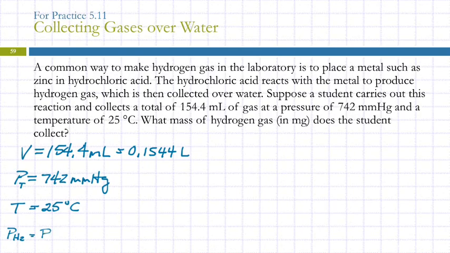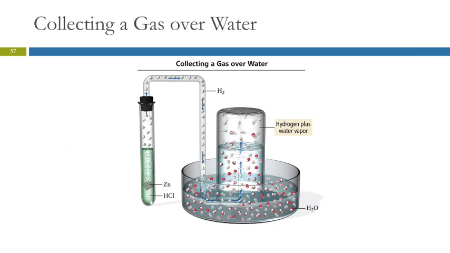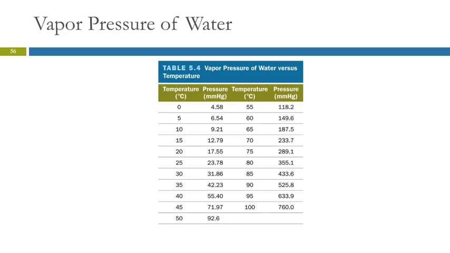I need a table because I need the pressure of the water vapor so I can subtract it from the total pressure. So I need to find the table. The temperature is 25.